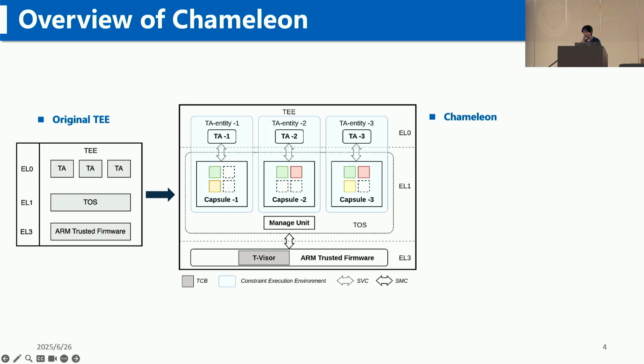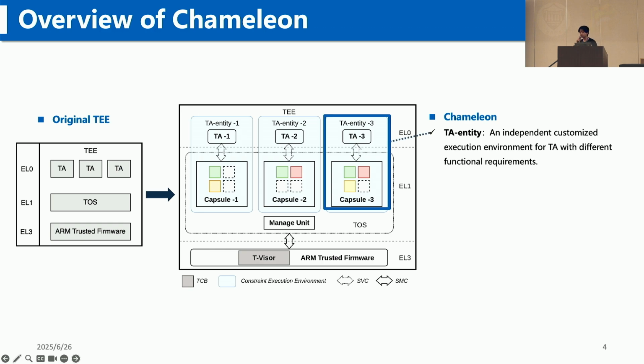Based on these findings, we propose a least-privilege-based decoupling and isolation of TOS, providing an independent TA entity for each TA to execute with customized TOS services.